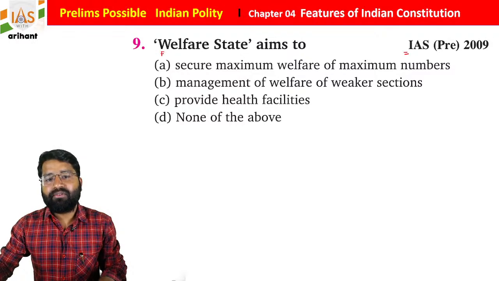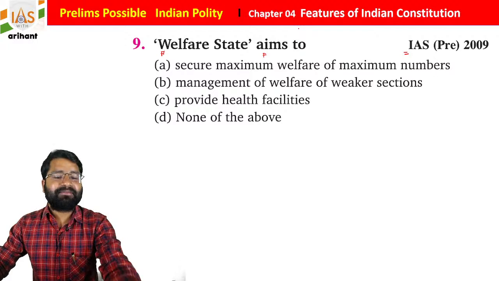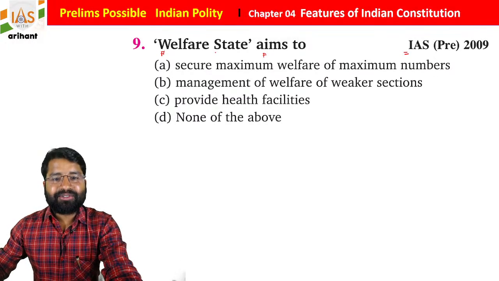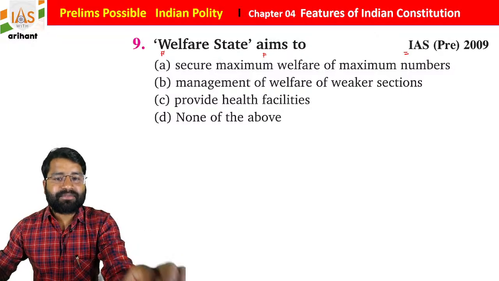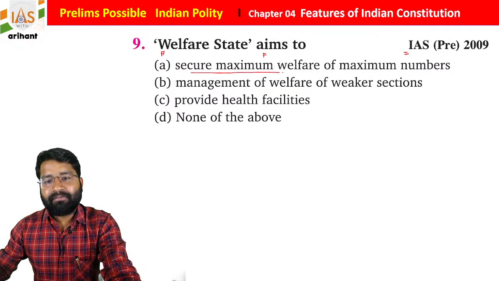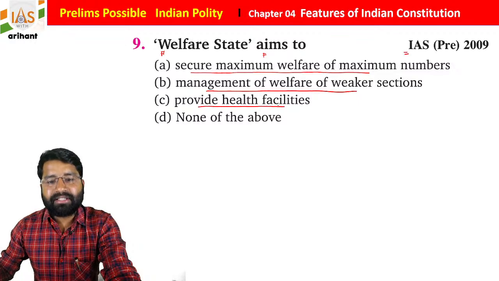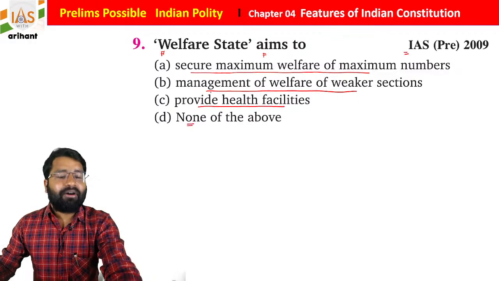There is a question: welfare state aims to. In Hindi, welfare is basically kalyankari. So what does a welfare state aim for? Secure maximum welfare to the maximum number, management of the welfare of weaker sections, provide health facilities, or none of the above.